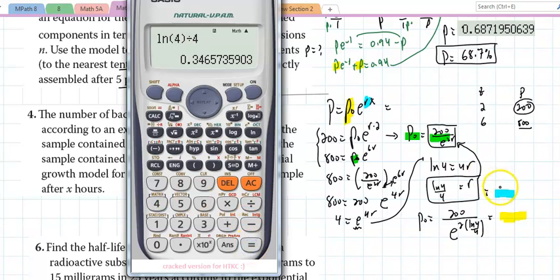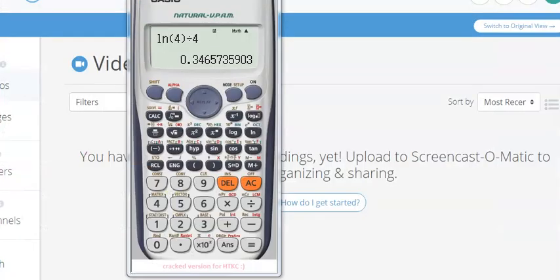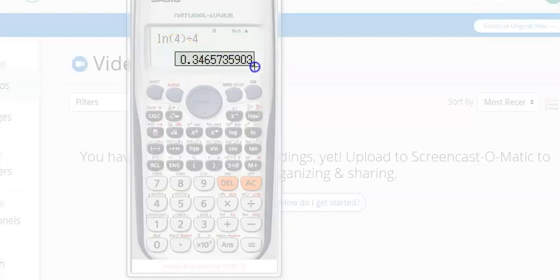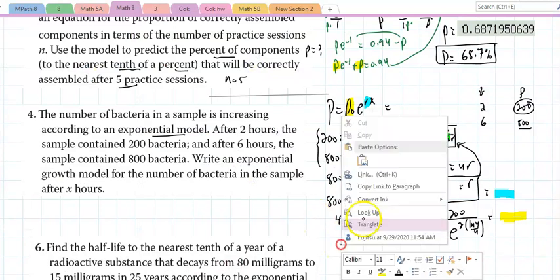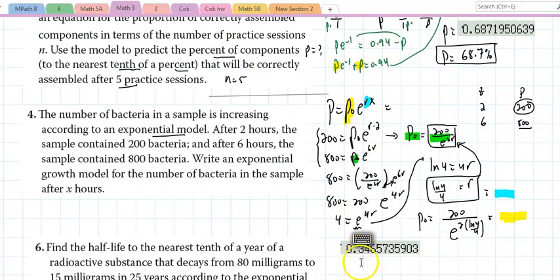It's a big number. You could leave it exact. You could write it out. I'm going to do both for you. So you have an option every time you do this. Darn thing doesn't want to move. Here we go.